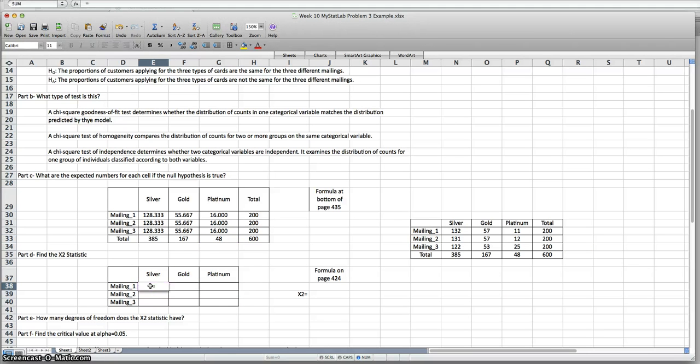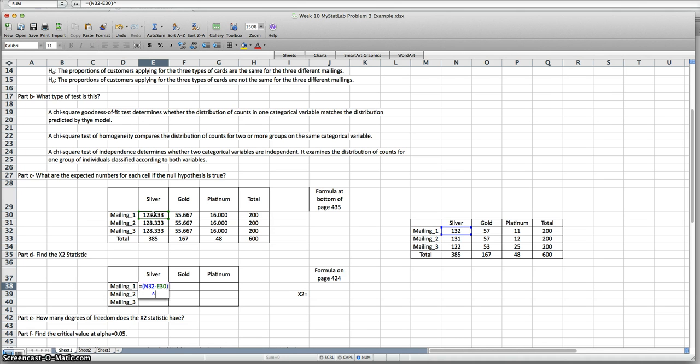So we're going to say equals, and in parentheses, observed, which was the 132. So we're going to say equals the observed 132 minus the expected in parentheses, and then we're going to square that.